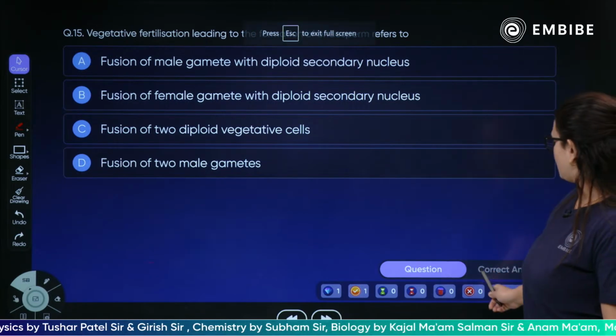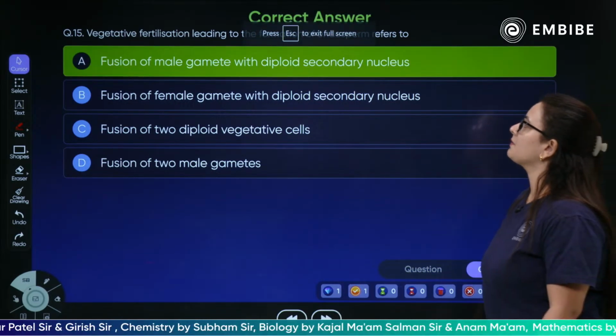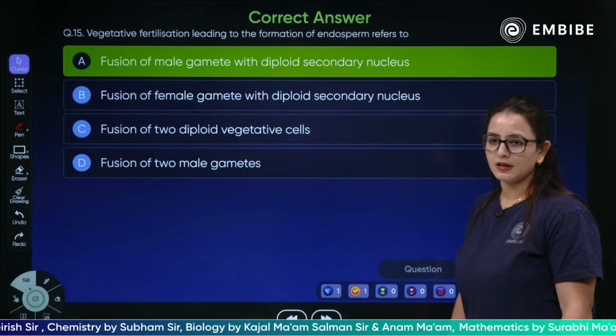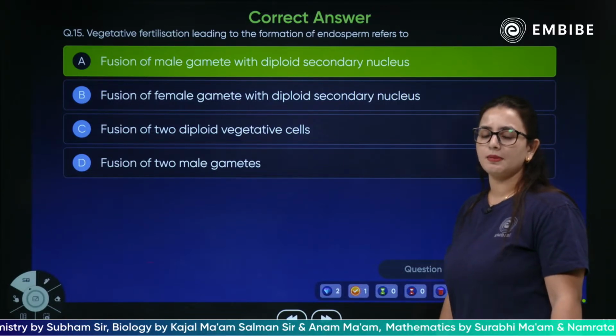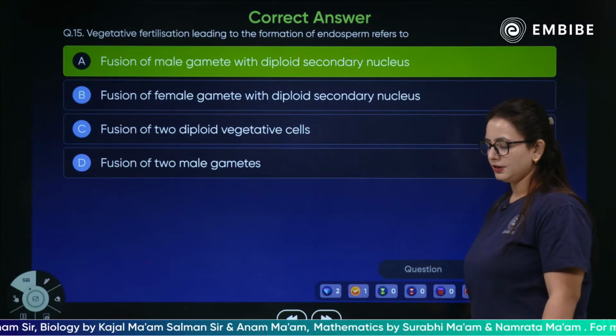The correct answer would be the fusion of male gamete with the diploid secondary nucleus.